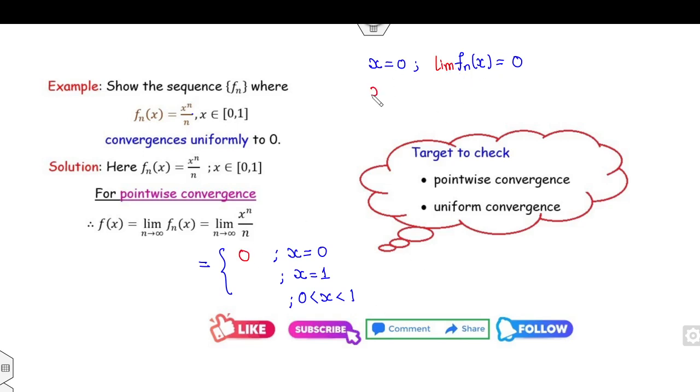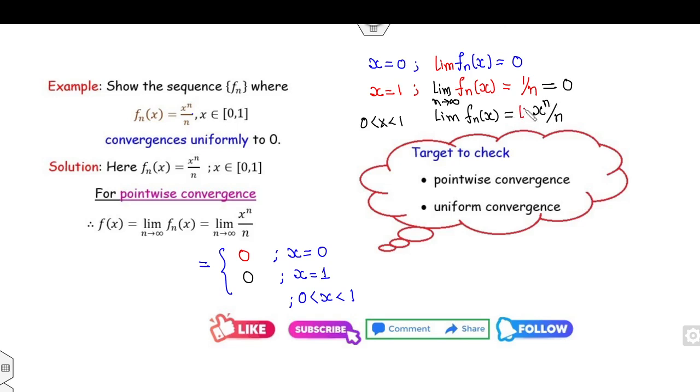Fine. What will happen if x is equal to 1? Your f_n(x) will be 1 over n. So if you take the limit as n approaches infinity, the limit of 1 over n is 0. When x lies between 0 and 1, then your f_n(x) will be x raised to the power n over n.